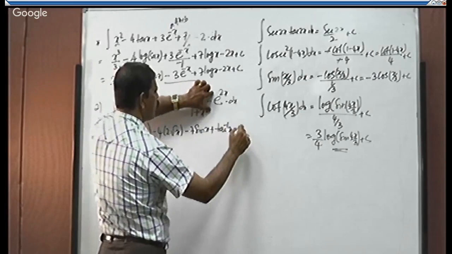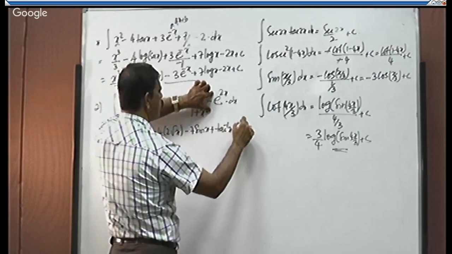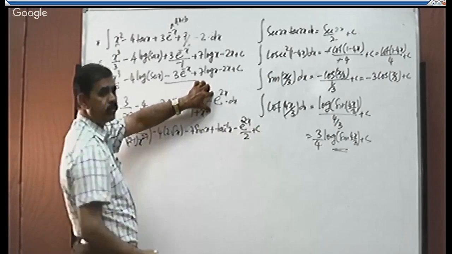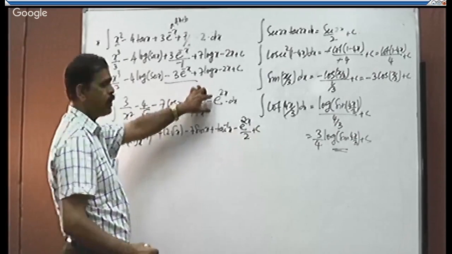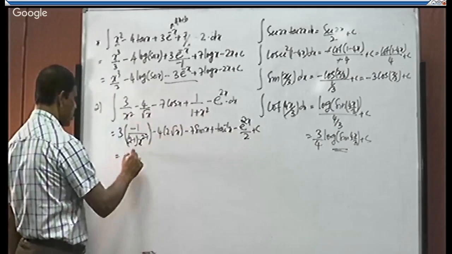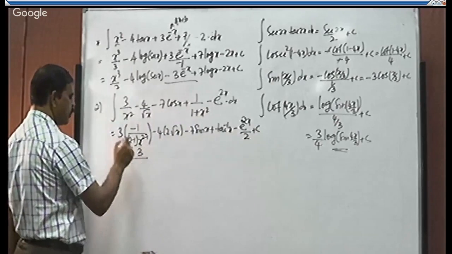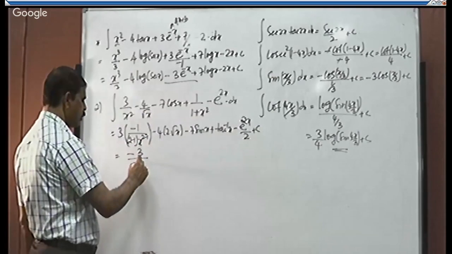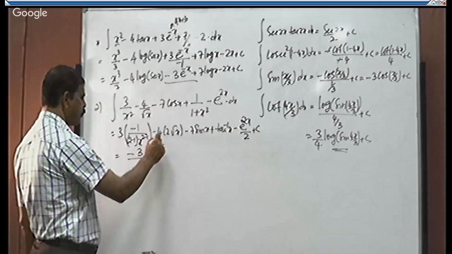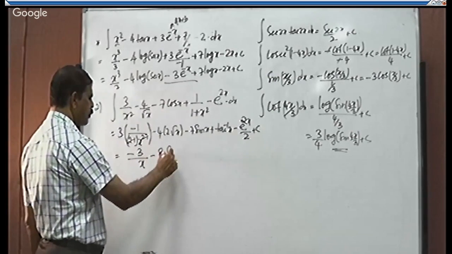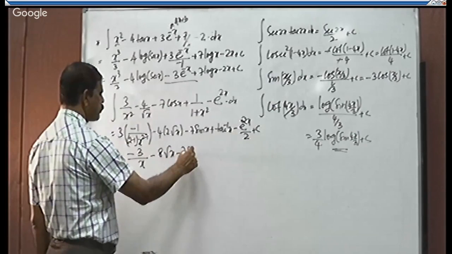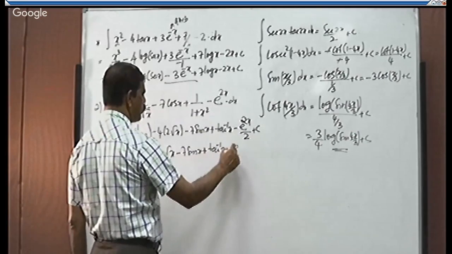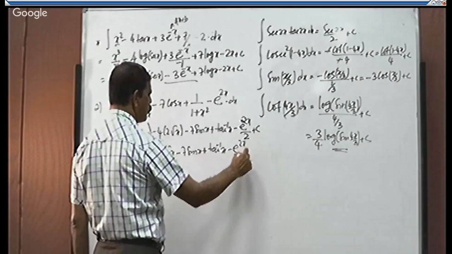Minus, for e power 2x, divide by the x coefficient. The x coefficient is 2. Finally, it becomes minus 3 divided by 2 minus 1, which is 1, into x to the power of 1, that is x only. Minus 4 into 2, 8 root x. Minus 7 sin x plus tan inverse x minus e power 2x divided by 2 plus c.